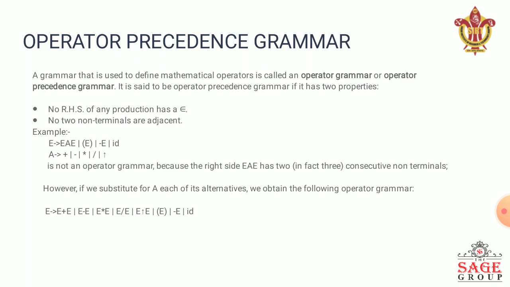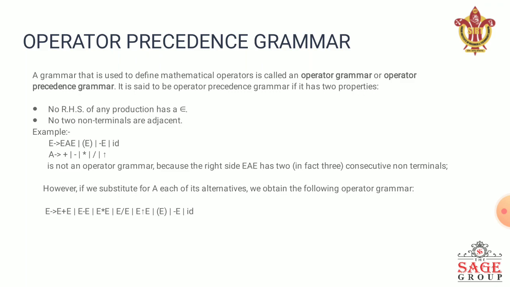So after substituting the value of variable A, we find that this grammar is in the form of operator precedence grammar, where E produces E plus E, E minus E, E multiply with E, and so on.